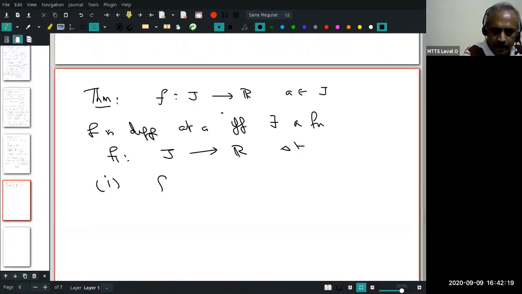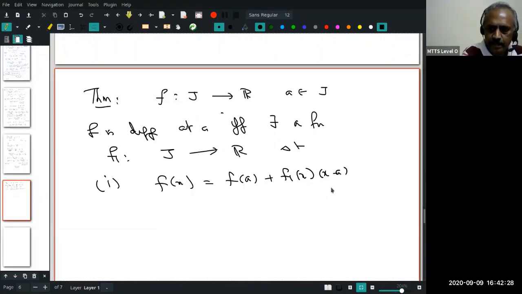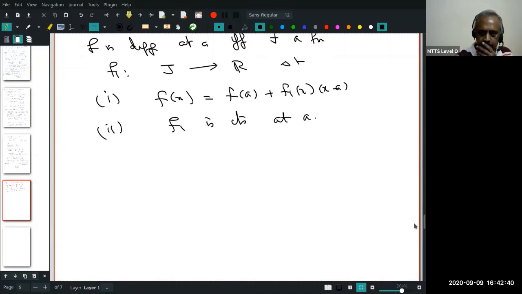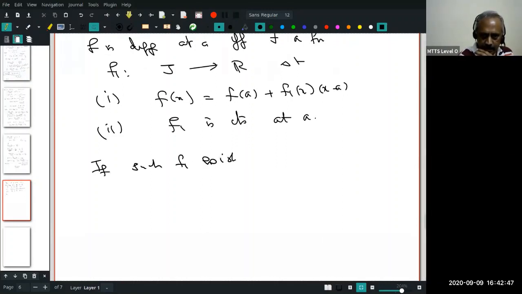One, f of x equal to f of a plus f1 of x into x minus a, and two, f1 is continuous at a. If such a f1 exists, then f dash a is the value of f1 at a.